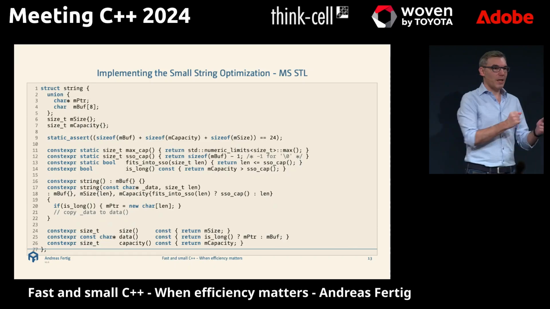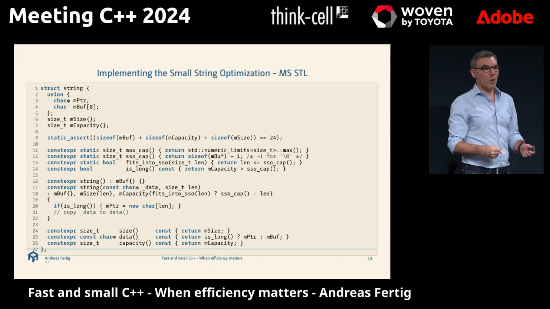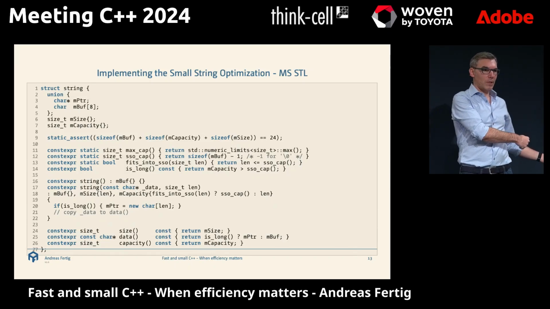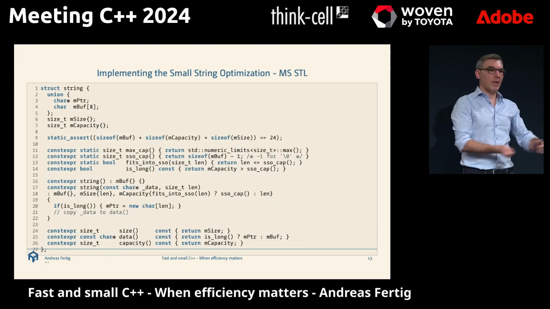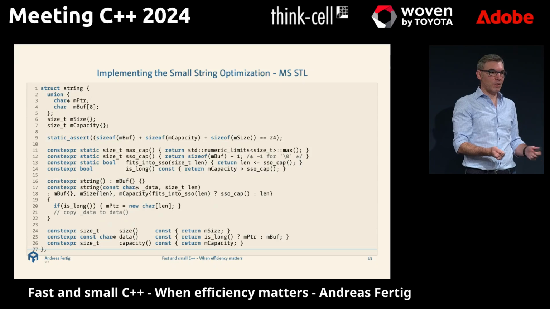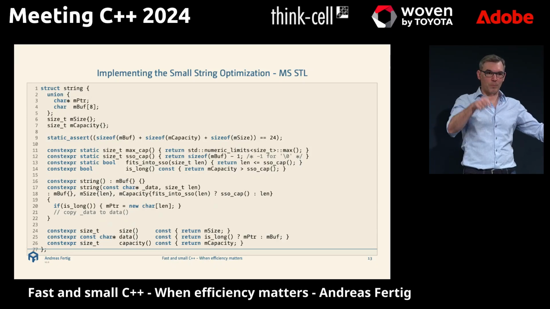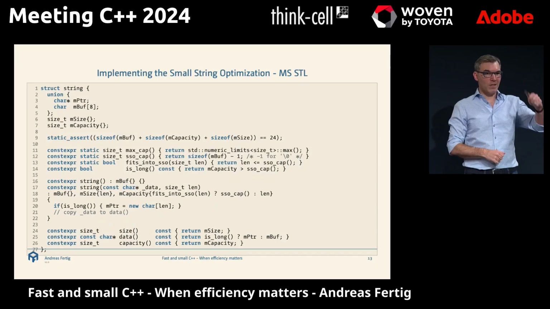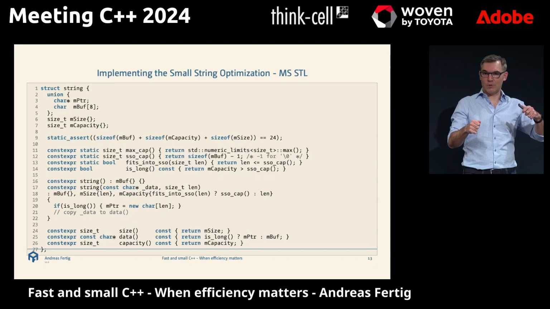They check if we are in long mode, then we return the pointer, and if we are in short string mode, then we return the buffer. So they made that decision. They do not always return the pointer, or let the pointer point to different things. They return either the pointer or directly access the buffer.